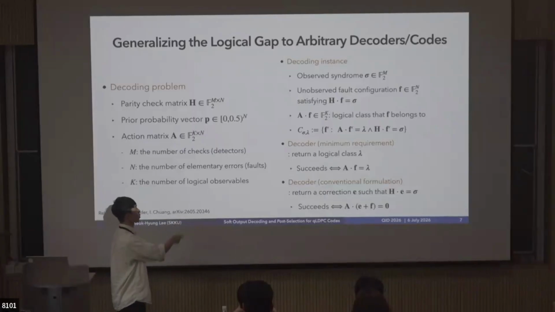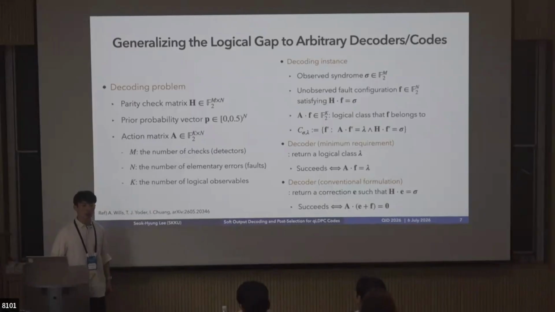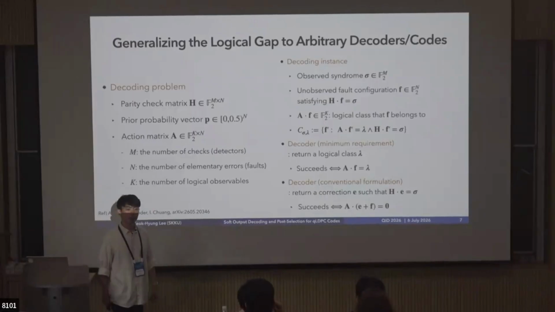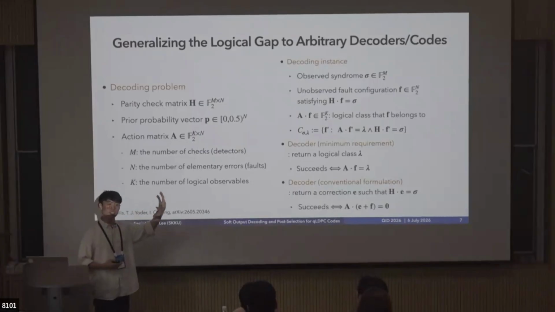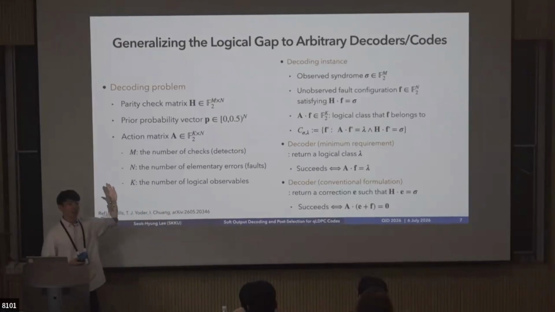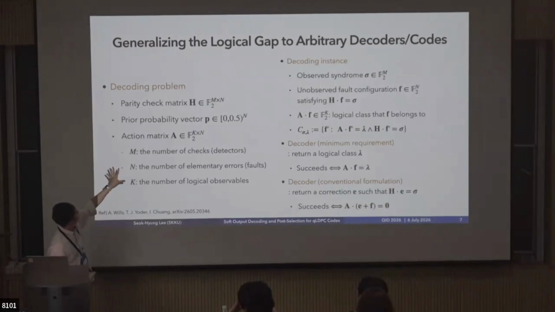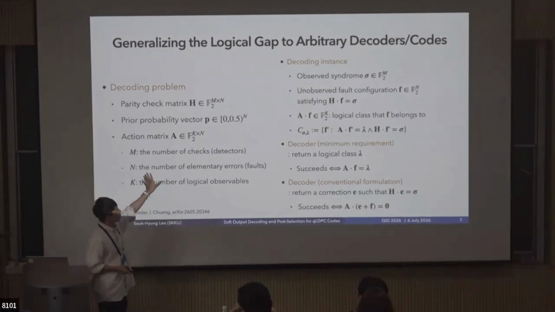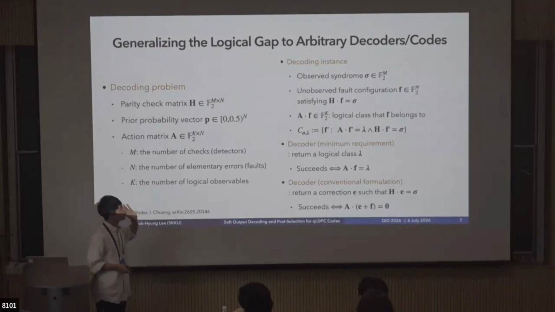So the upper one doesn't require us to estimate the errors. No, that is not required. Imagine it's just a function of the parity check matrix, probability vector, and action matrix, where we might not even need the action matrix.